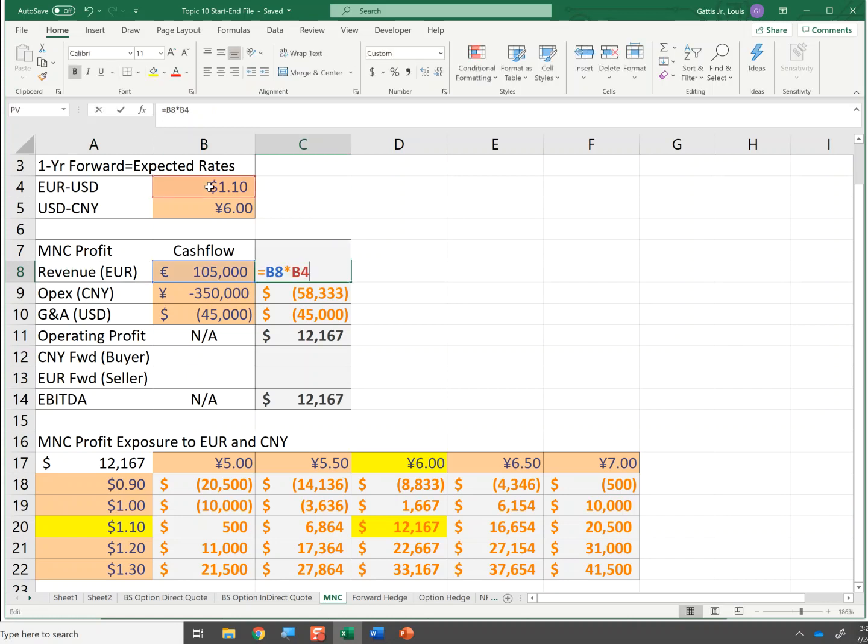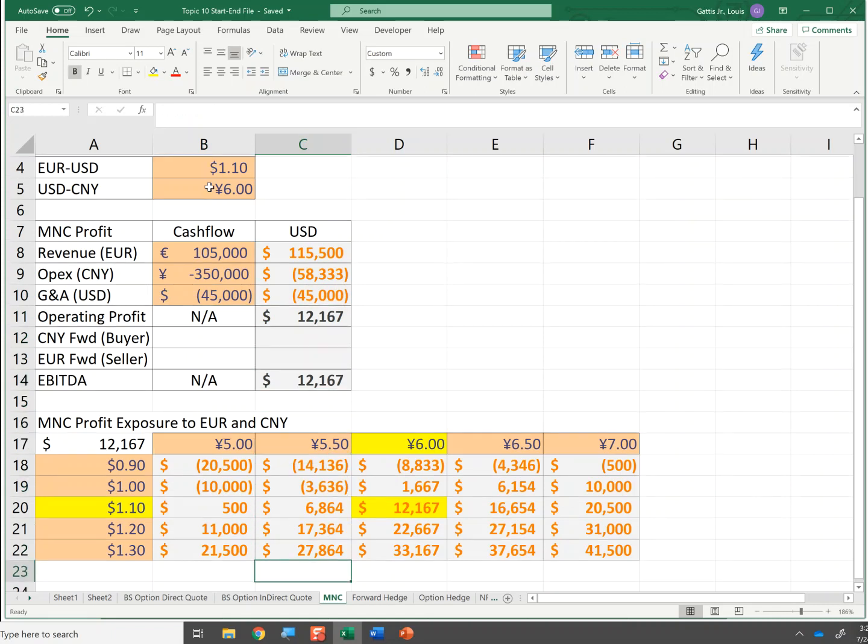They're expected to have revenues of 115,500. I have operational expenditures of 350,000 yuan due in 1 year. I'll convert that to dollars using the exchange rate of 6 to 1, and that's $58,000. And there's $45,000 of U.S. expense. So they're expecting to make $12,167 next year.